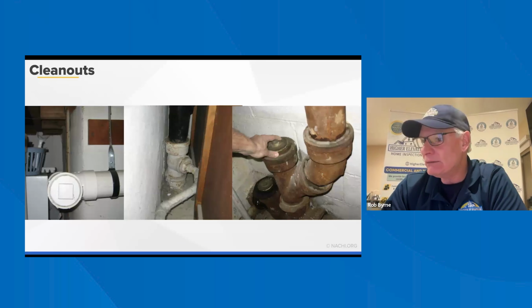Drainage system, sump pumps and ejector pumps. The purpose of sump pumps and ejector pumps is they are used where plumbing fixtures are below the level of the main sewer line, helping remove wastewater or groundwater from the basement or low areas. So with a sump pump, you're going to be handling clear water. It's not sanitary waste.